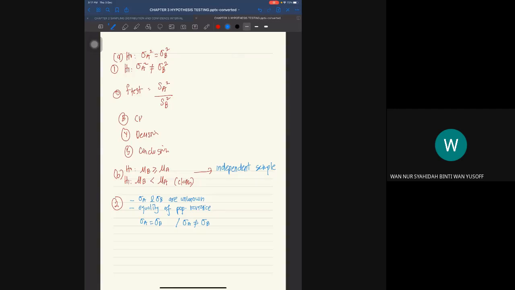It is from A. So the second condition here depends on your decision in A. Let's say that the decision is reject H null. Reject H null, which one do we use? Reject H null means that which one we choose, that we support, that we use: not equal.